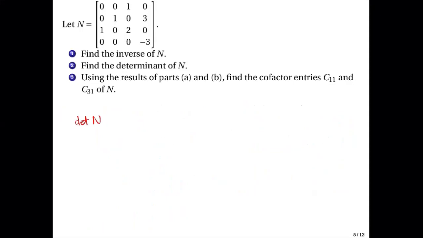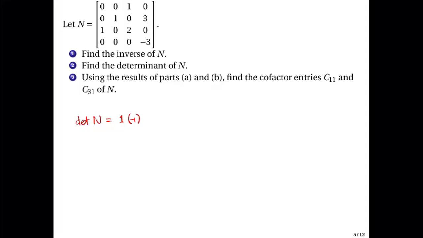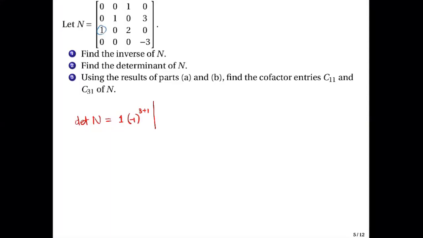So determinant of N. In here, I have 0, and there I have 1 times negative 1 raised to, this is 1, 1, 2, 1, 3, 1, so negative 1 raised to 3 plus 1. And then I need the determinant. I am at this entry, so I'll remove this row and this column.